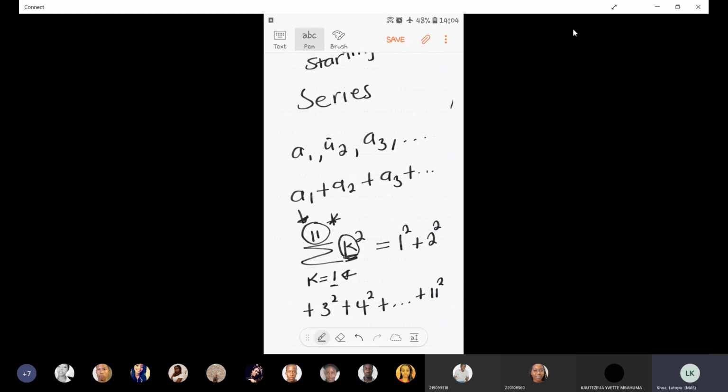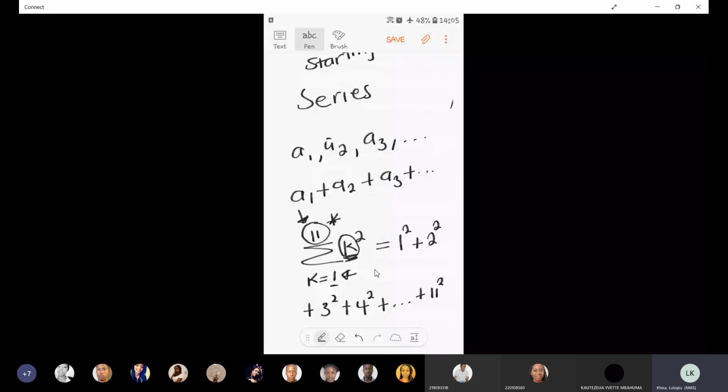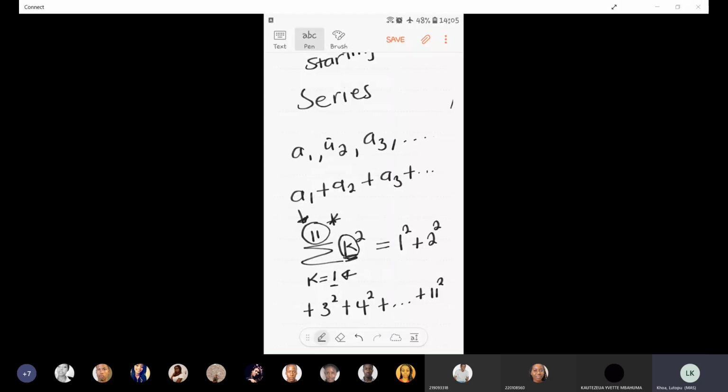You have 1 squared, 2 squared, 3 squared, and you continue until you get to your endpoint over there.